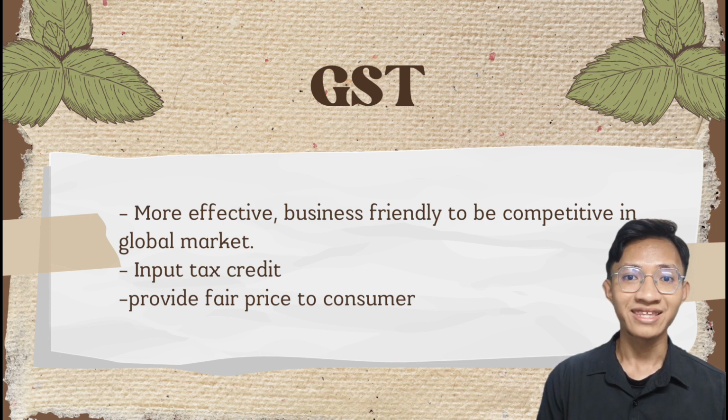Cascading tax is when tax is applied to the same product many times at each stage of its production and distribution and leads to increased overall tax. So in this case, the customer will feel burdened to pay the cost of accumulated tax from all stages.